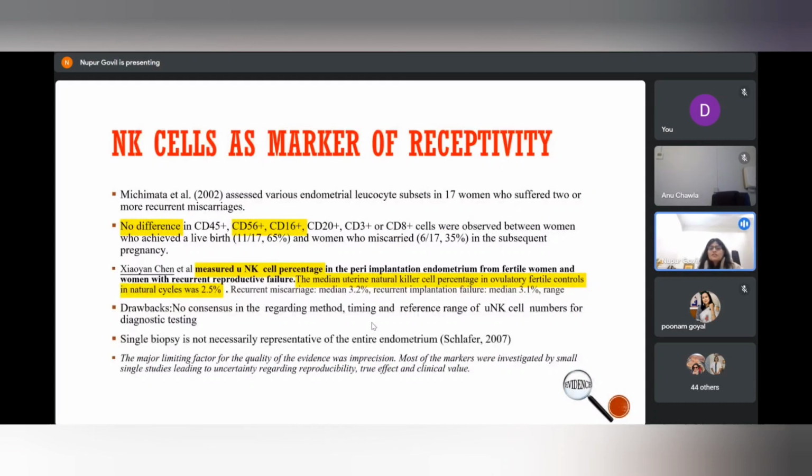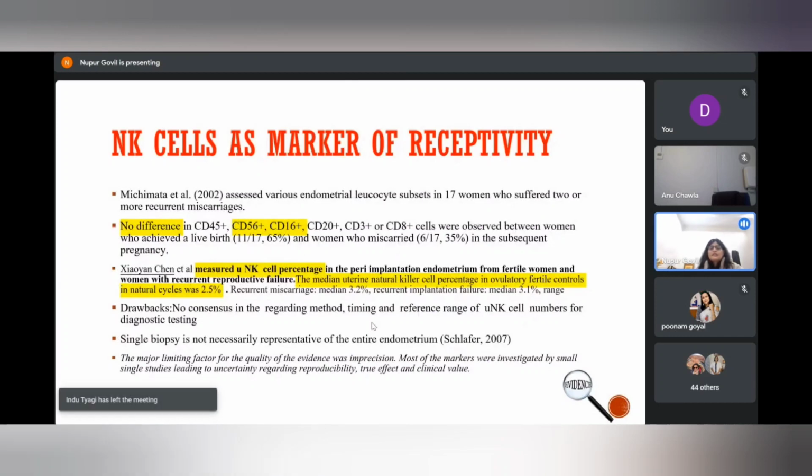This was a single study which calculated the percentage, and more studies need to be done to find out the cutoff. There is no consensus regarding the method, timing, or reference range, and a single biopsy is not always representative of the entire endometrium.